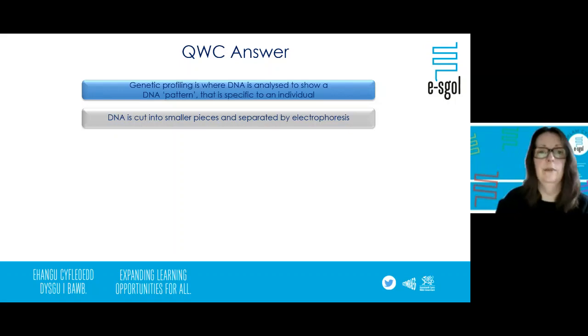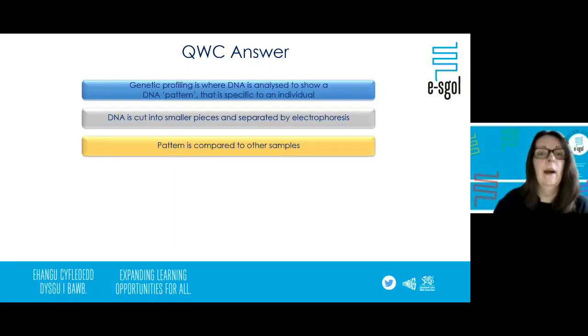That's the name of that process. The pattern that is produced is compared to other samples. So like we looked at towards the start of this session, where we could see the suspect's DNA banding and the 3 other banding compared to what had been found at the crime scene, then that's what would happen next.